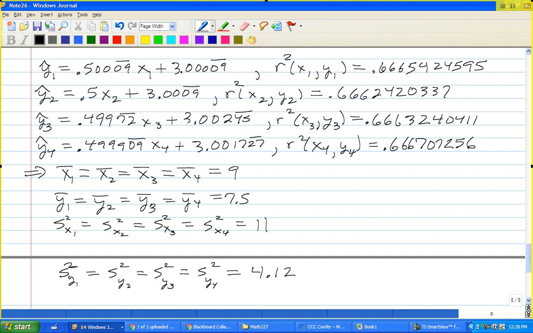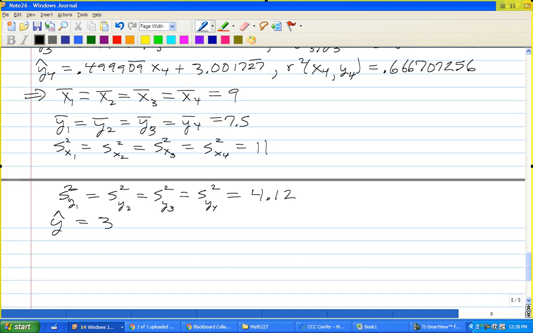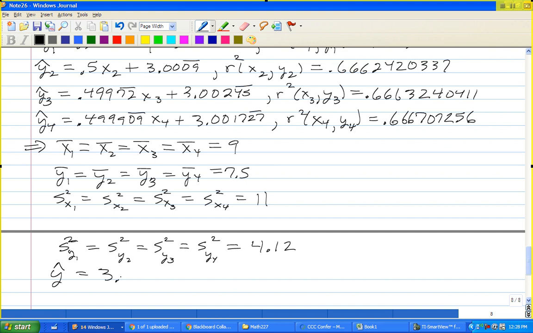And for each of these y's, so all, of course, 1, 2, and 3, I guess I should say, is 3 more or less to 2 decimal places plus 0.5 to 2 decimal places.